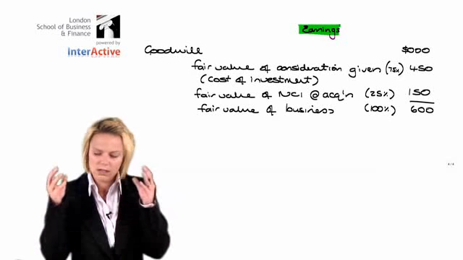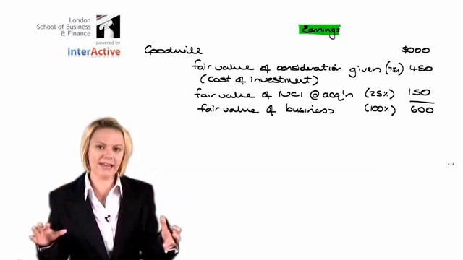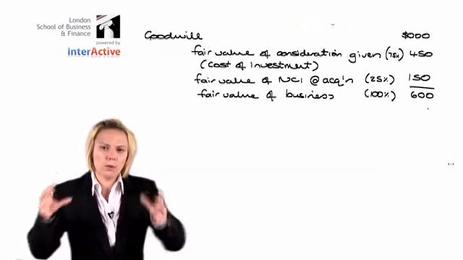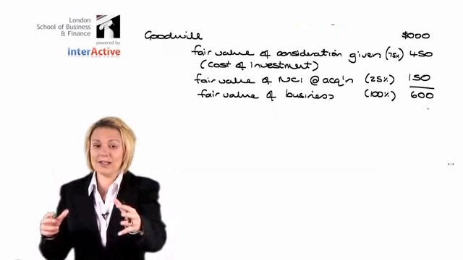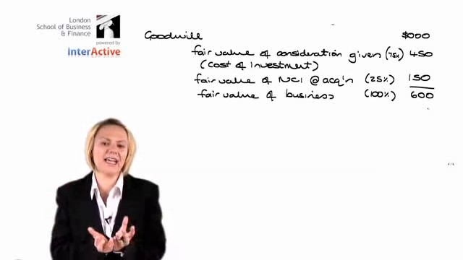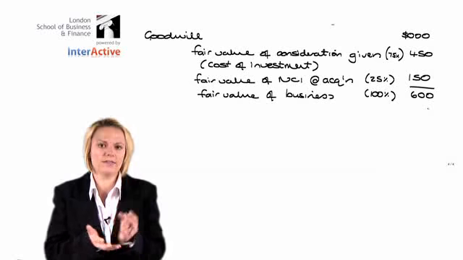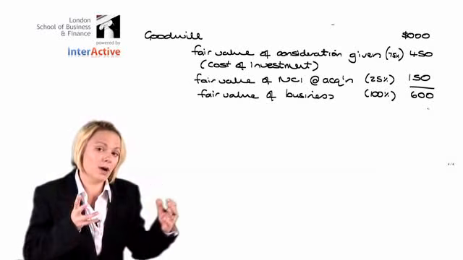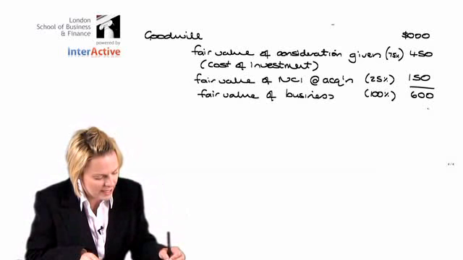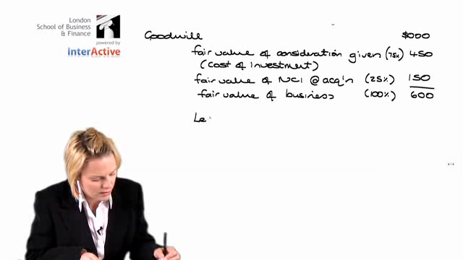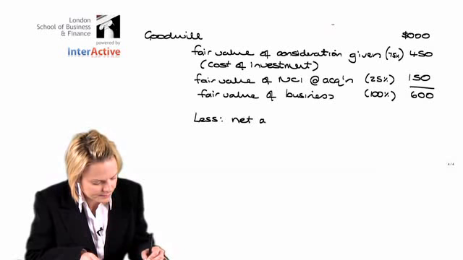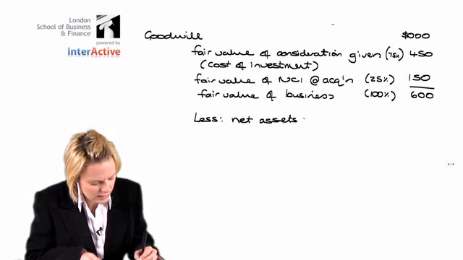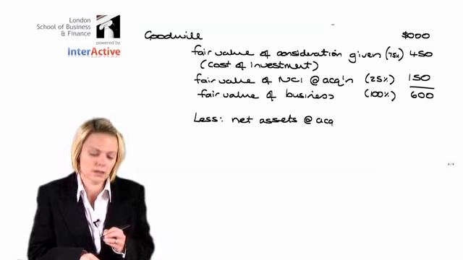Okay? Now what we've got to do is compare that to the physical book value, the carrying value of all the things in the subsidiary, the assets and the liabilities. We remember assets minus liabilities are net assets. So less net assets at acquisition.